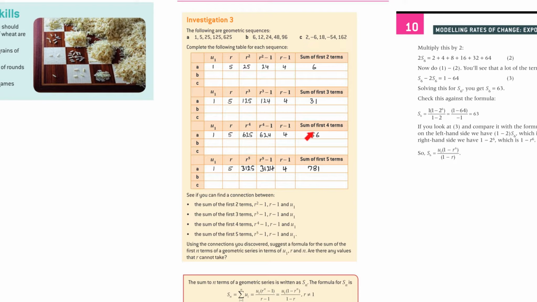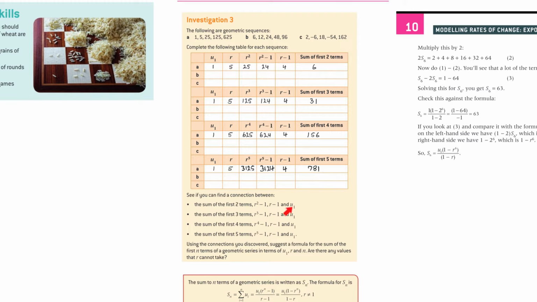And similarly this one, that number, and that number, and this one, how do we get that number from this one, that one, and that number? And if you have a look here, 24 divided by 4 would be 6. 124 divided by 4 is 31. 624 divided by 4 is 156. And 3124 divided by 4 is 781.